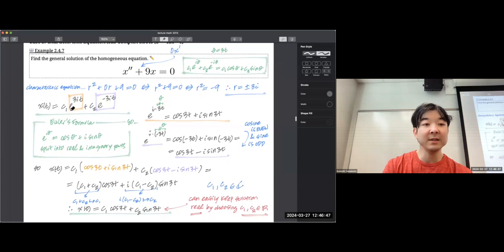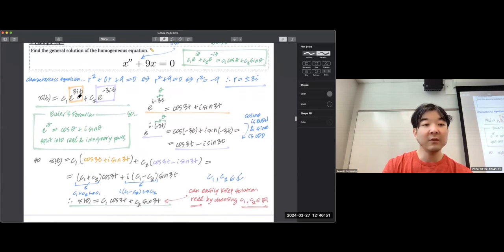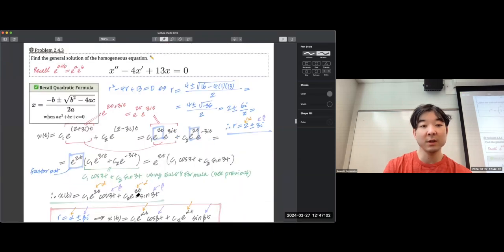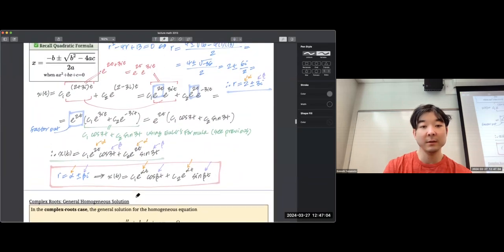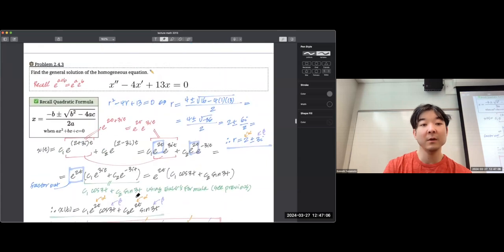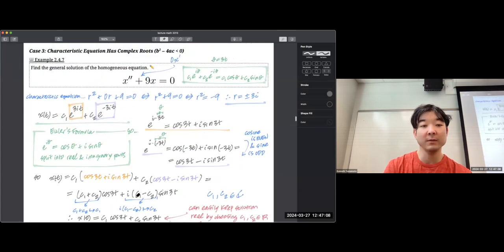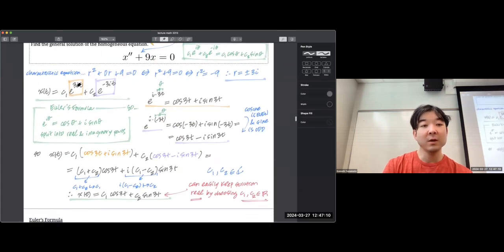We had c1 e to the 3it plus c2 e to the negative 3it, which eventually became c1 cosine of 3t plus c2 sine of 3t. Or actually, maybe we'll go to the general version down here. No, we're okay with this version. This version is fine.